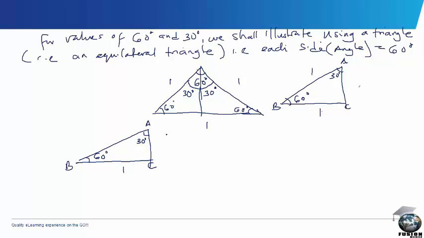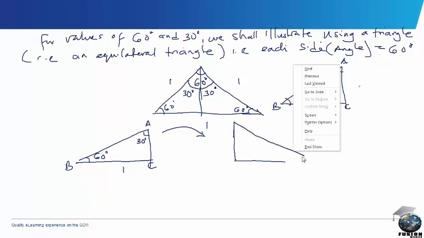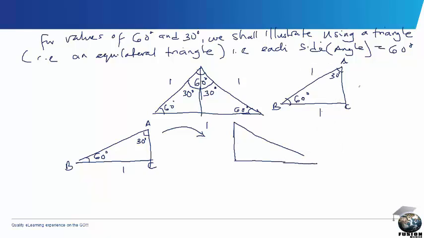But if I should invert this triangle downwards, then I have the side 30 lying down, so that the side of 30 can sit on the floor, and then the side of 60 can sit upwards.